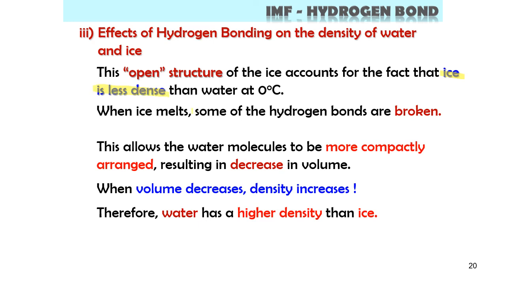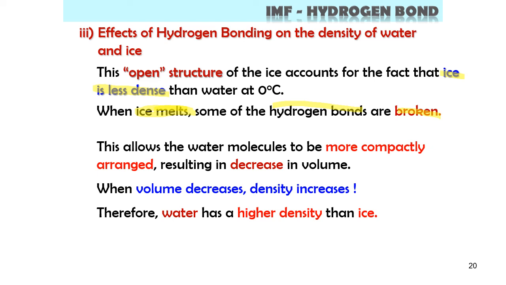And when the ice melts, some of the hydrogen bonds are broken. Okay, so maksudnya kenapa ice to melts? Maksudnya you give heat to it, ataupun kamu increasekan the temperature. So bila ice melts, maksudnya you are breaking ataupun overcoming the attractive forces between them.